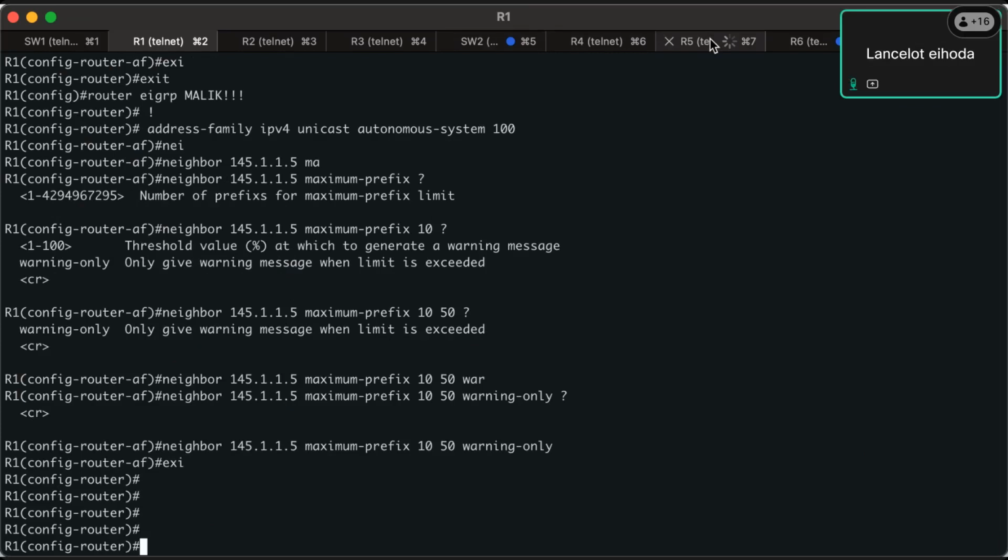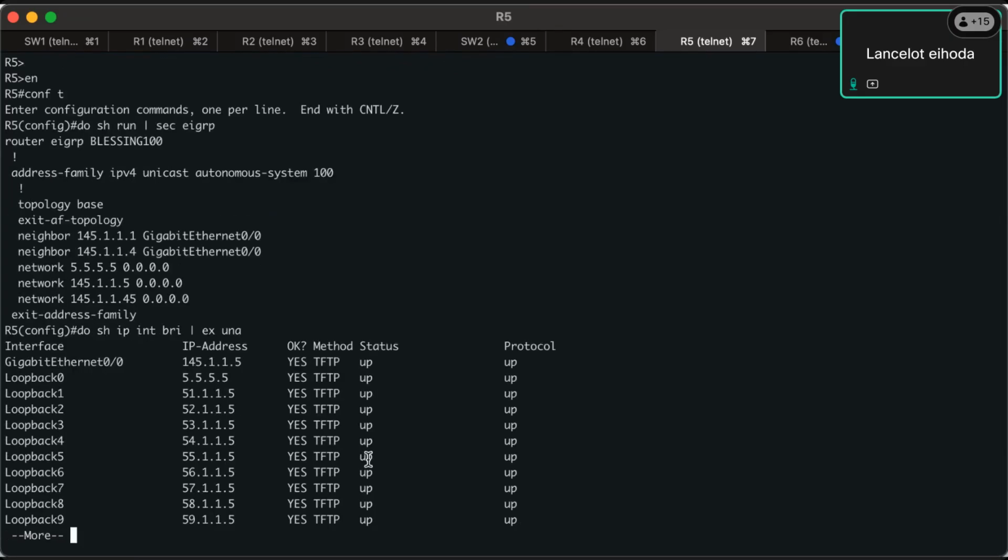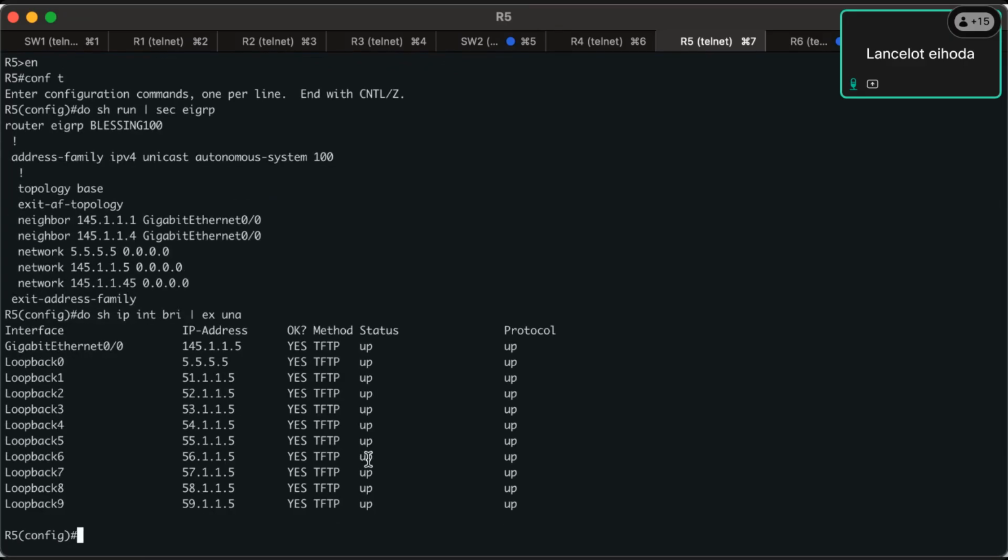So let's do a show IP interface brief. Just type an X to exclude unassigned. How many loopbacks do we have on this guy?